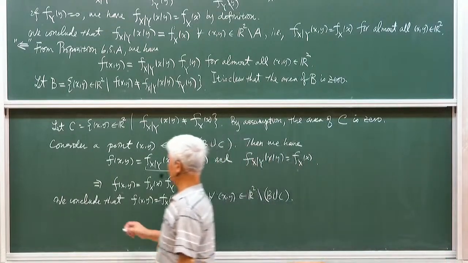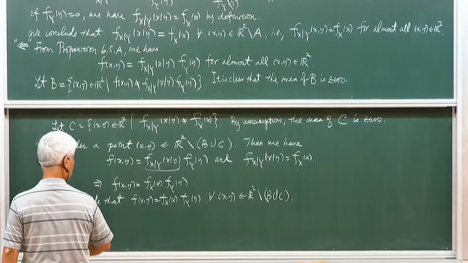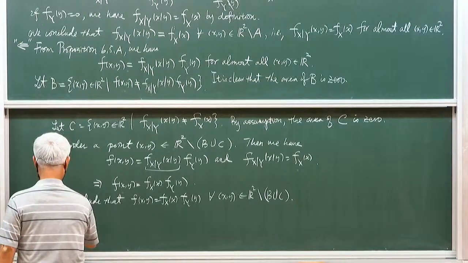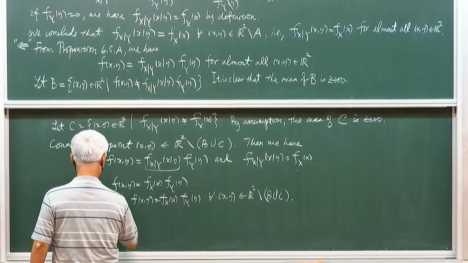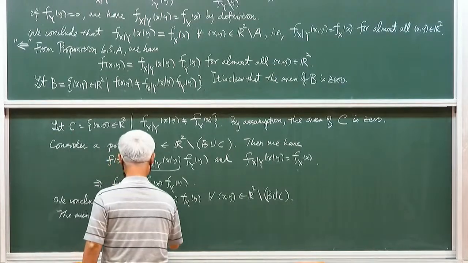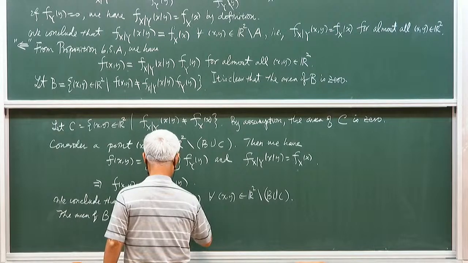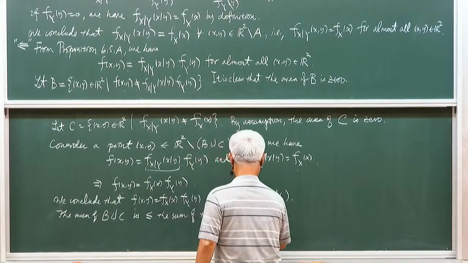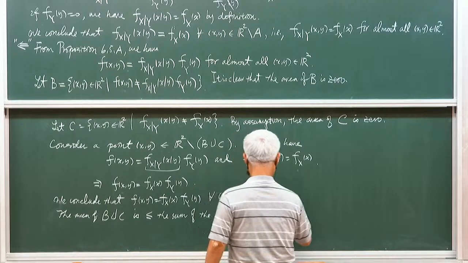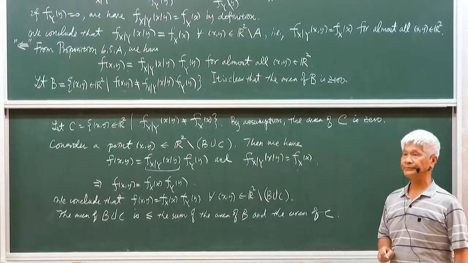Now, the area of B union C is less than or equal to the sum of the area of B and the area of C. Is that clear?